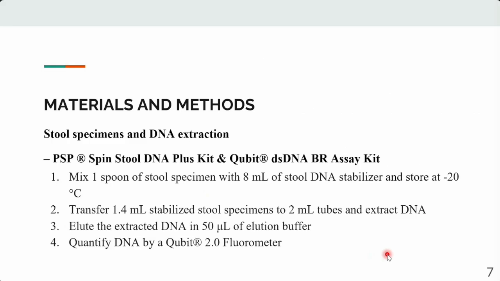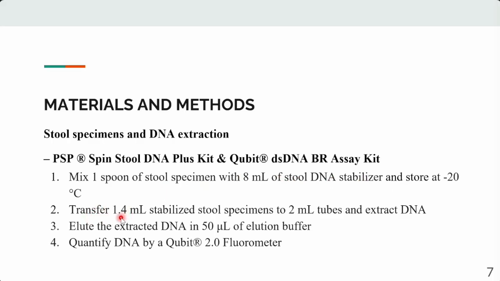After finding the subjects, the next step is to collect stool and extract their DNA. The researchers used two kits, the AR spin stool DNA plus kit and the dsDNA BRAZ kit. First, they mixed 1 spoon of stool specimen with 8 milliliters of stool DNA stabilizer and stored it at -26 degrees.